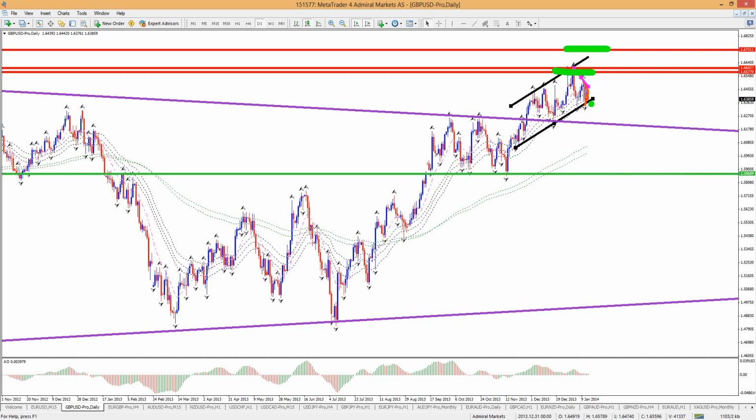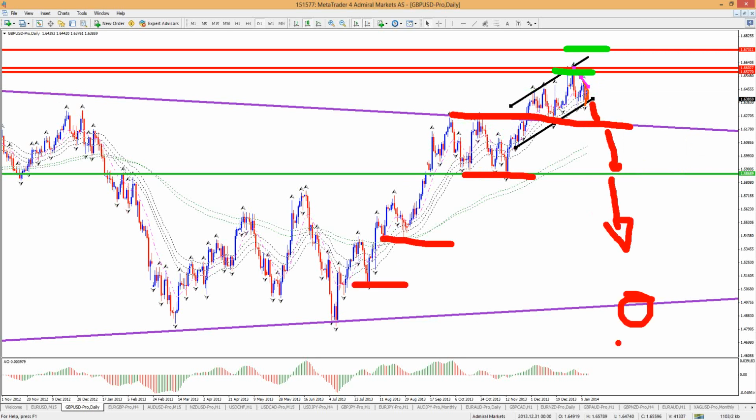Obviously, any breakout of the uptrend channel could see a fall down to, for example, this broken trend line. And maybe then if that breaks, we could see a fall all the way to this support level. If that breaks, we can see a fall, well, maybe to these supports and eventually to this bottom of the triangle, right? But that's of very, very late concern.